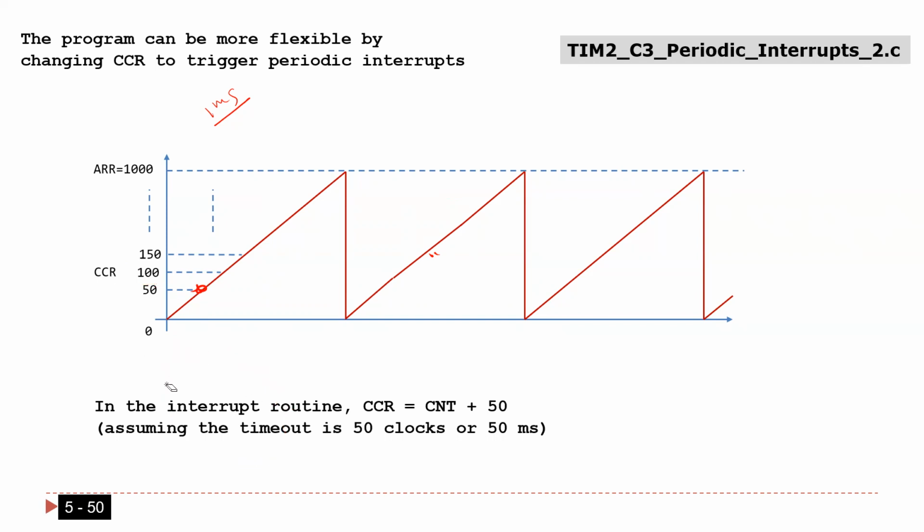So let me summarize what I said, guys. This way, it's going to be very easy to change the timeout. All I'm going to do in the interrupt subroutine is write something like CCR equals CNT plus timeout. CNT is the current count, whatever it is.